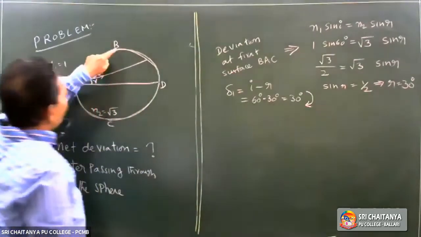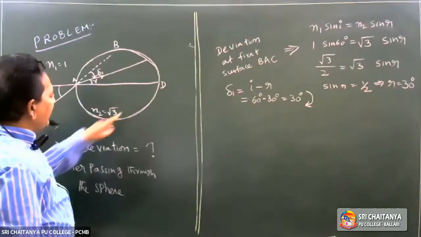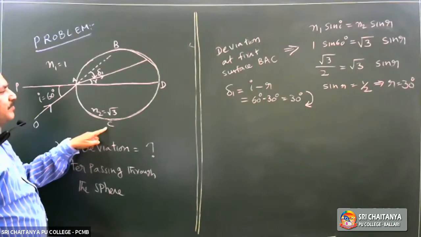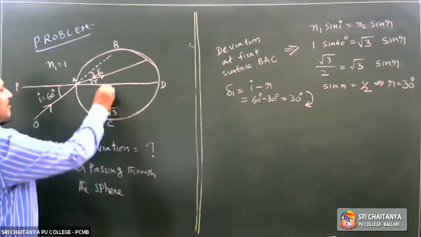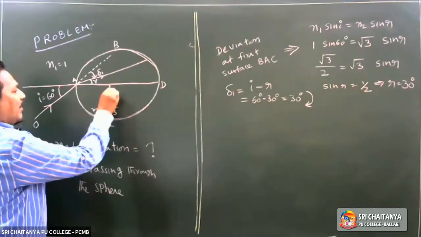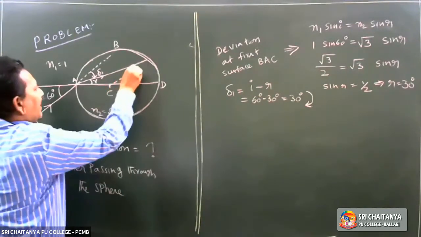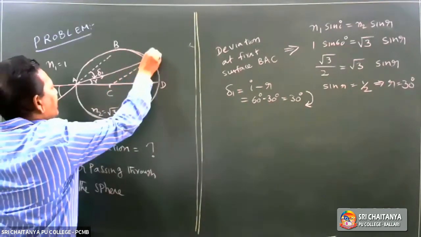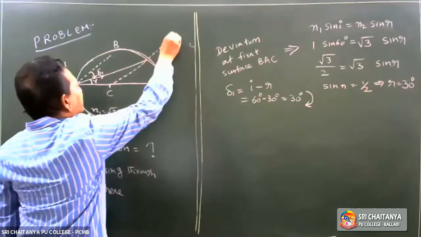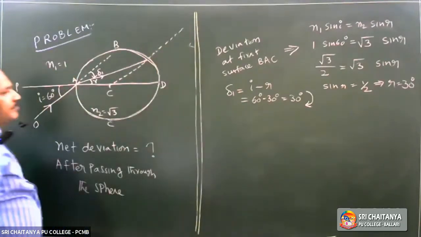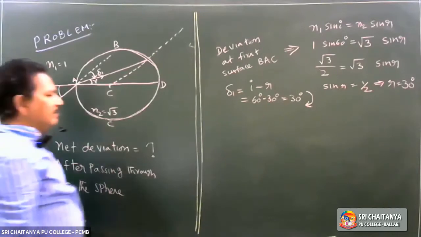What is the second surface? B, D, C. First draw the normal. Yesterday we discussed: normal means from where to where? Center of curvature to any point is the normal. This is the normal.